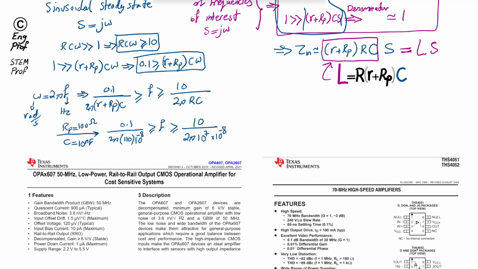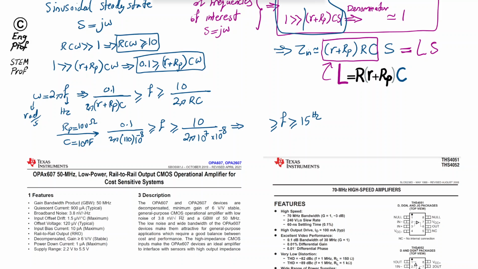So what is the lesson learned? The lesson that we learned from this exercise is f is greater than or equal to, in the denominator we have 10 and divide by the value, and we get roughly 15 hertz.